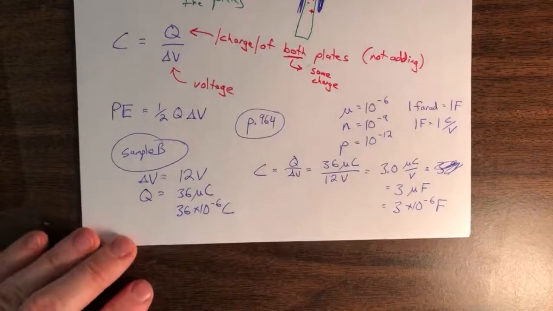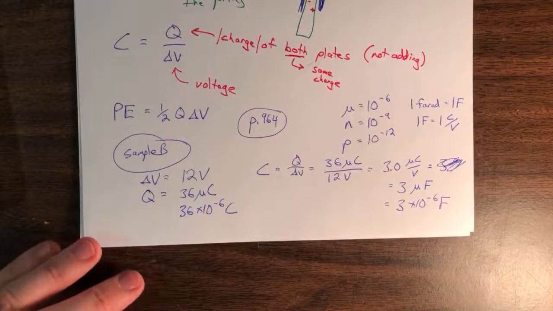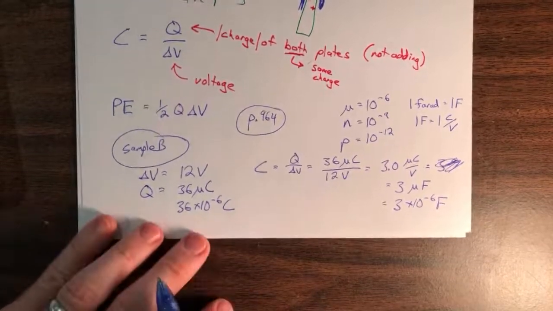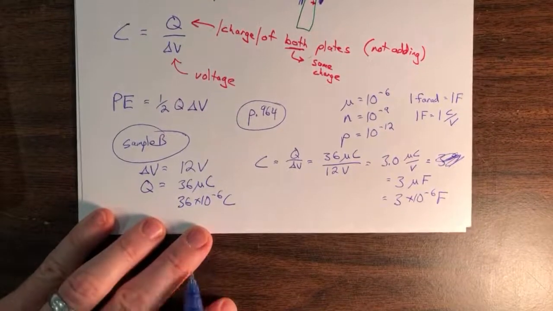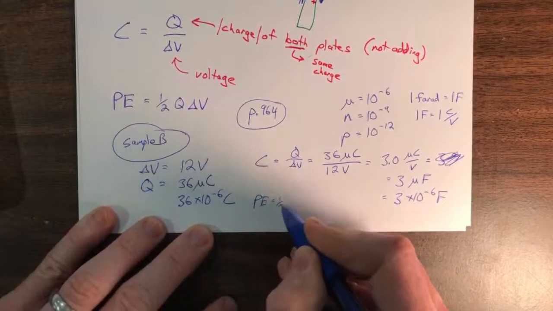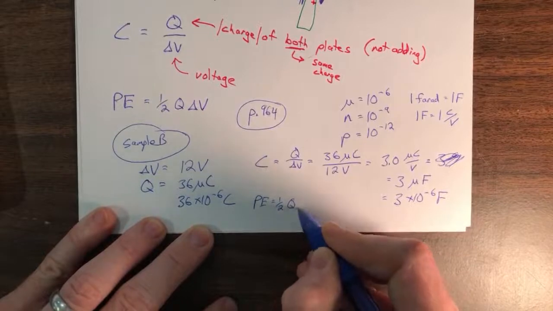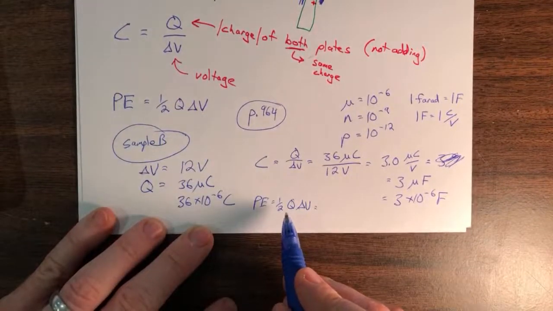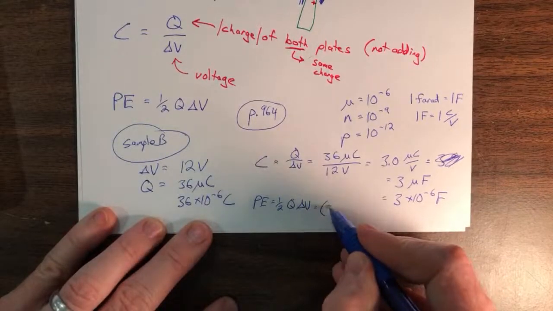All right? Last part of this, what's the potential energy? Potential energy of this capacitor once it's charged up is going to be equal to 1/2 Q delta V. And Q, we said, is 36.